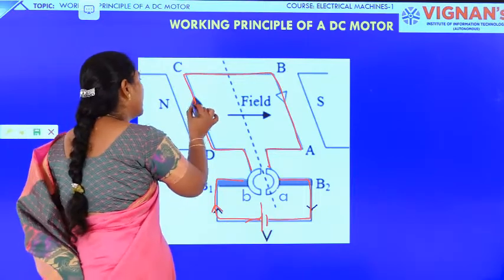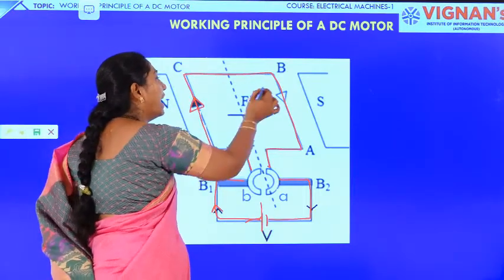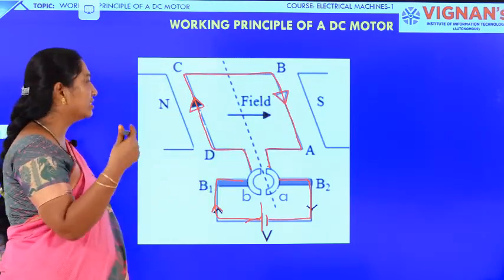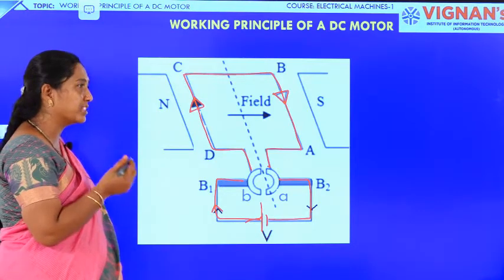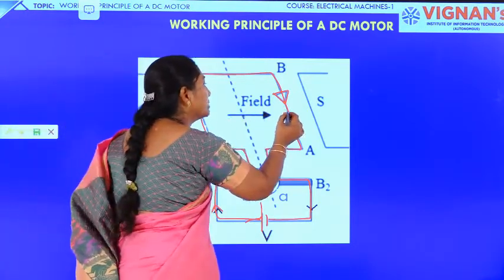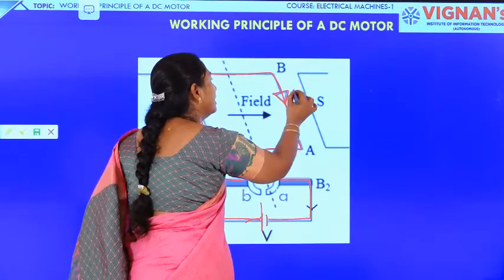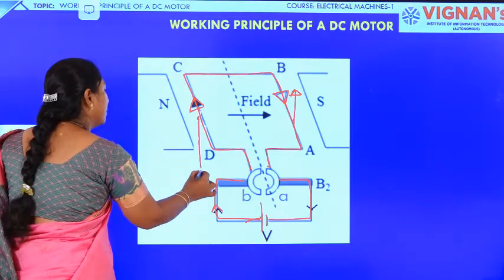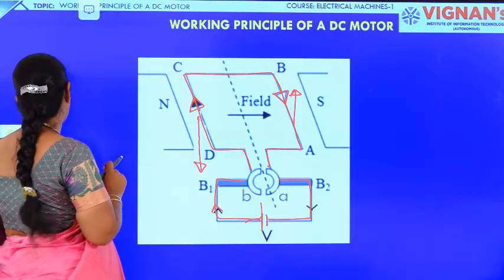It means the direction of the current through CD is into the plane of the board and the direction of the current through BA is outwards from the plane of the board. As per the earlier case that we have studied, the force experienced by the conductor AB will be in the upward direction and the force experienced by the conductor CD will be in the downward direction.